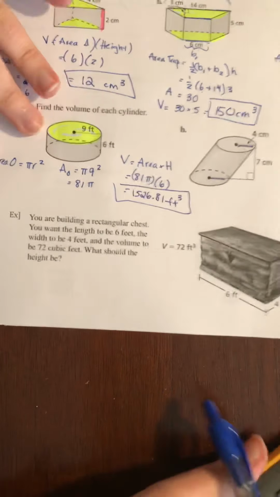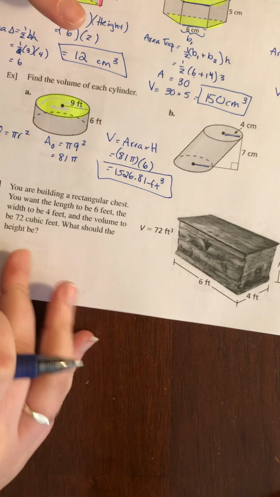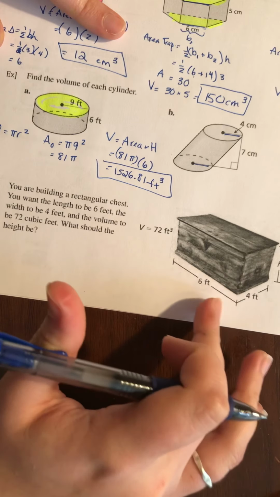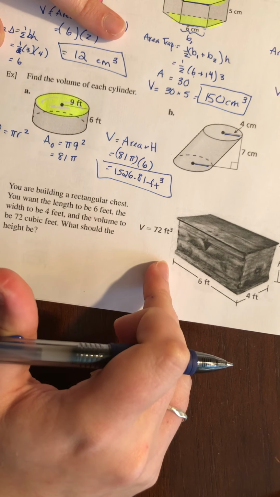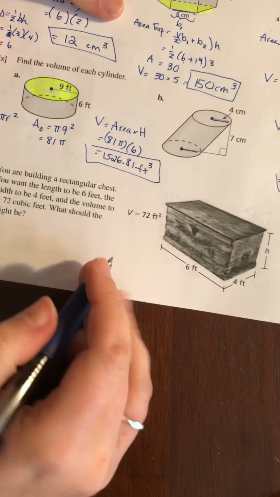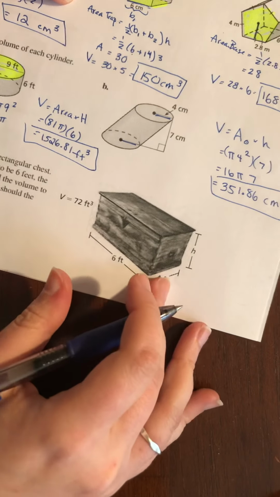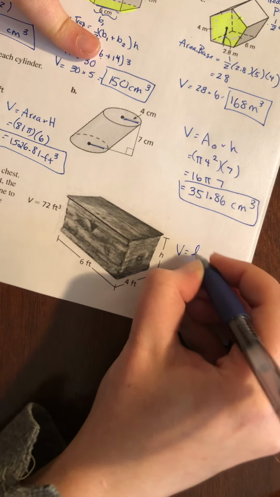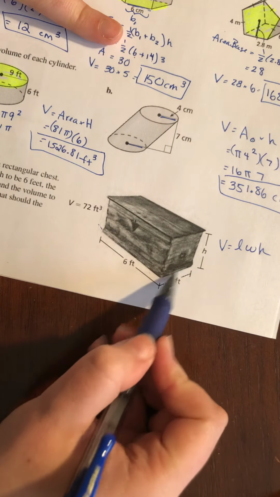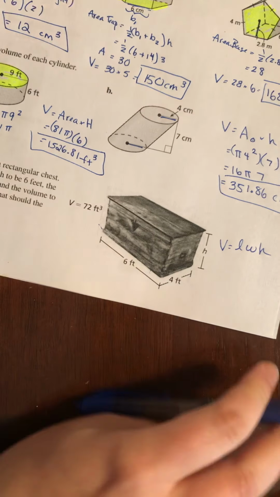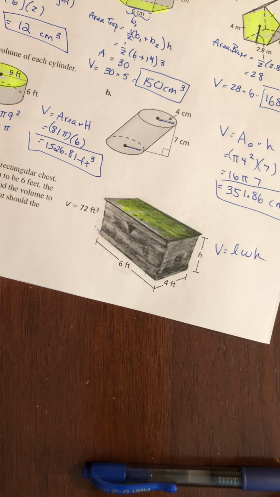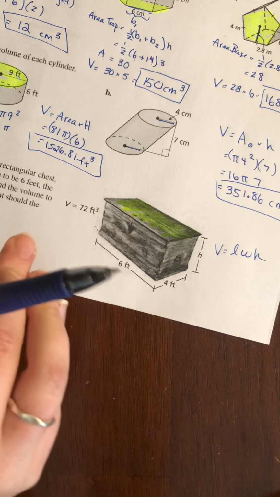Lastly, we can find a missing piece. So here I have a chest. I have 2 of the measurements. I'm missing one, and I have the volume. So the volume is just length times width times height, because essentially length and width are what's going to give you that base, and then you're multiplying it by the height.